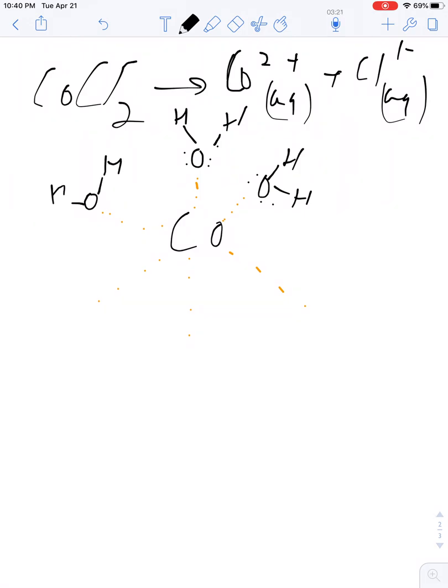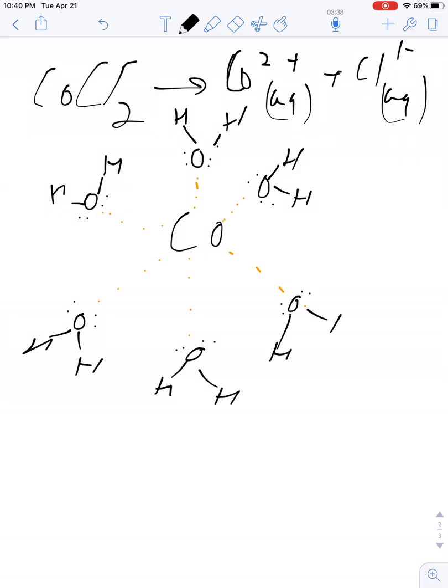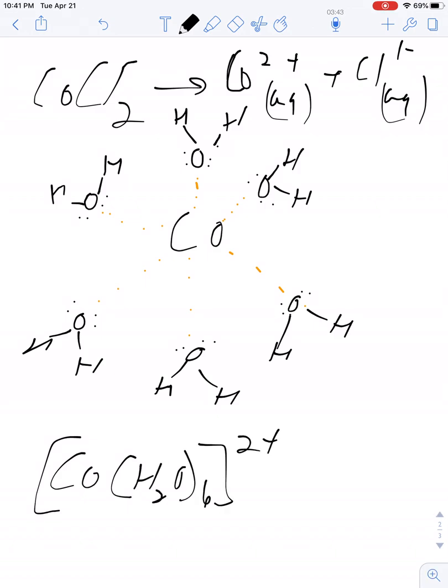But in all cases, the oxygen was donating a lone pair of electrons to form that bond. So the complex ion would be cobalt, there you go, there's the complex ion, that's the ligand, okay?